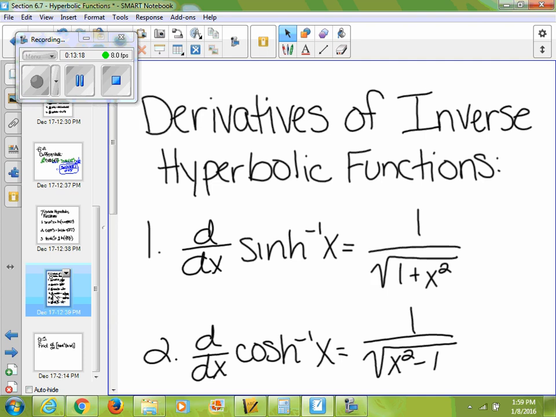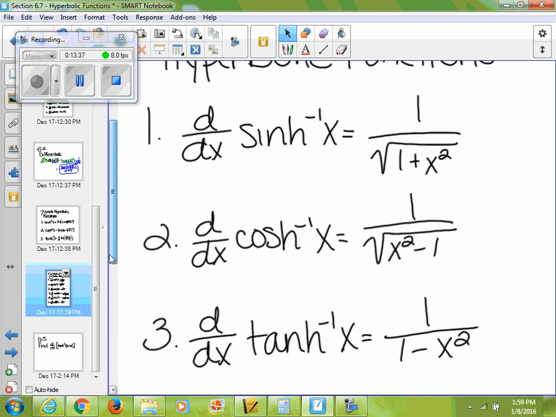The derivative of our inverse hyperbolic cosine function in terms of x is equal to 1 divided by the square root of x squared minus 1. The derivative of our inverse hyperbolic tangent function is equal to 1 divided by 1 minus x squared.